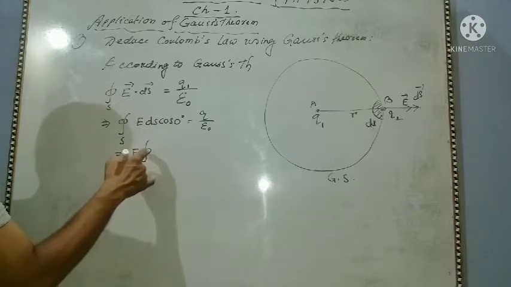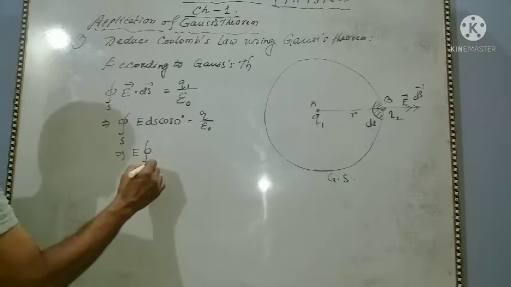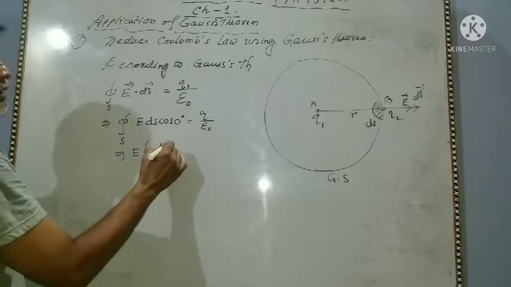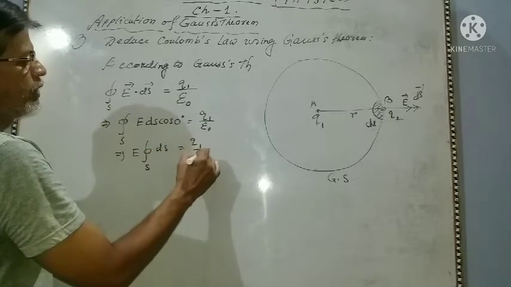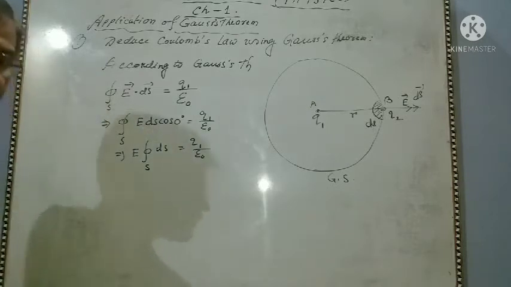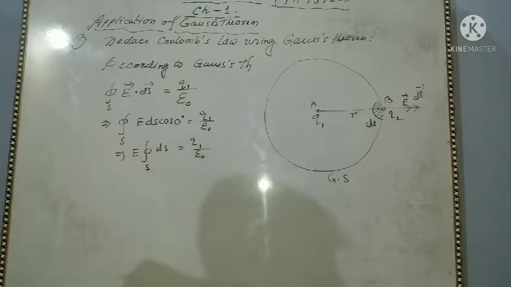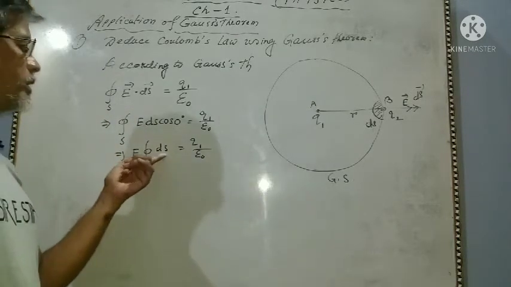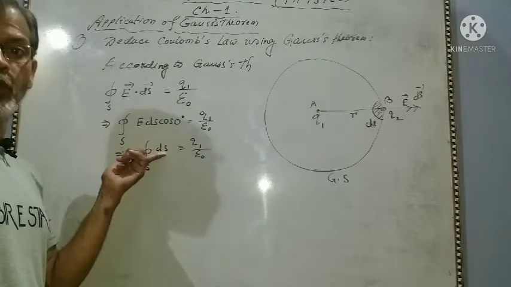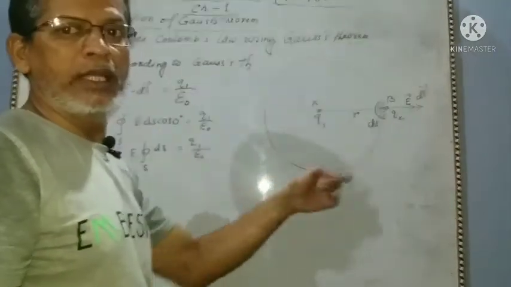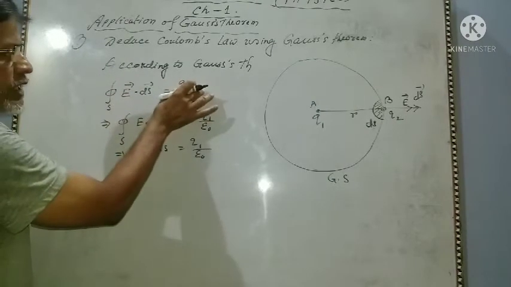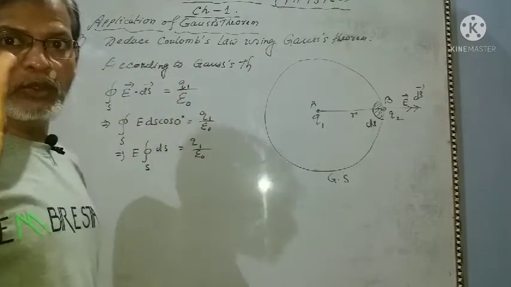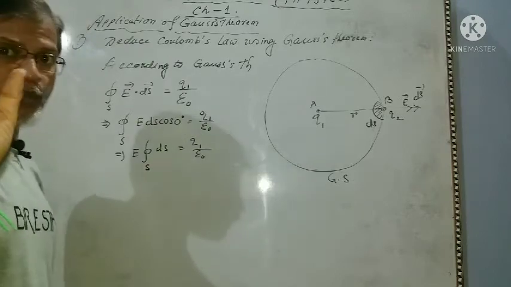E comes out, and this symbol is integration over the closed surface. Integration ds equal to Q by epsilon naught. Now what is integration ds? This is 4 pi r square. Left side will be the area of the Gaussian surface, right side will be the charge enclosed by the Gaussian surface. This is a very important point.